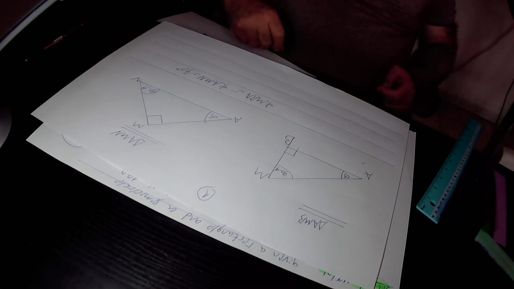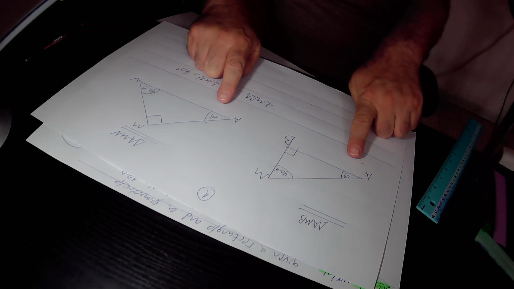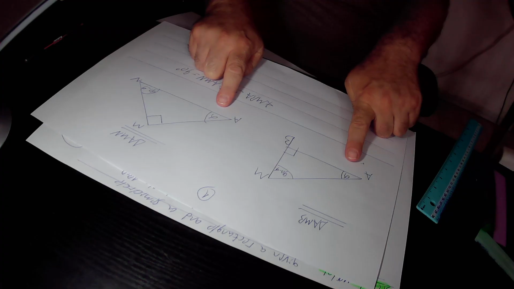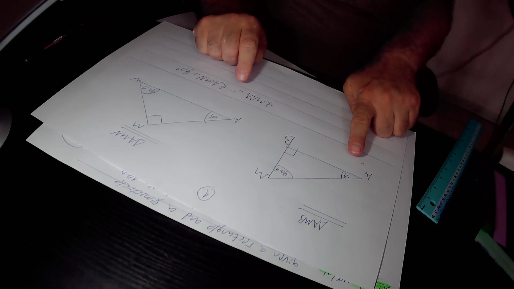In addition, this is actually angle A, that is a common angle that belongs to both triangles. So we can write that angle A equals itself as a common angle that belongs to both triangles. If you relate to angle A as it belongs to the right triangle AMB, it will be angle MAB.